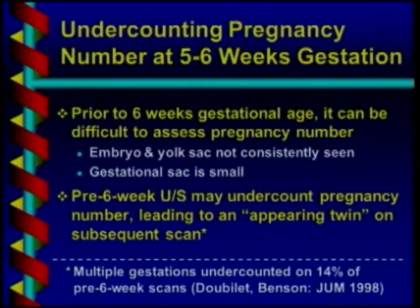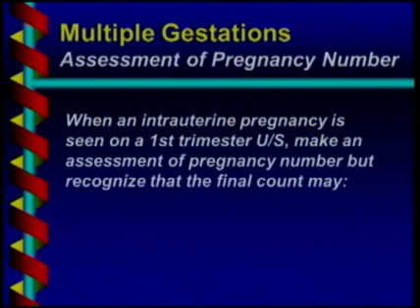In a study that I did together with Dr. Carol Benson, published in the Journal of Ultrasound Medicine in 1998, we found that multiple gestations, when they happened to be scanned prior to 6 weeks, were undercounted 14% of the time. I just showed you a couple of examples on the prior slides.